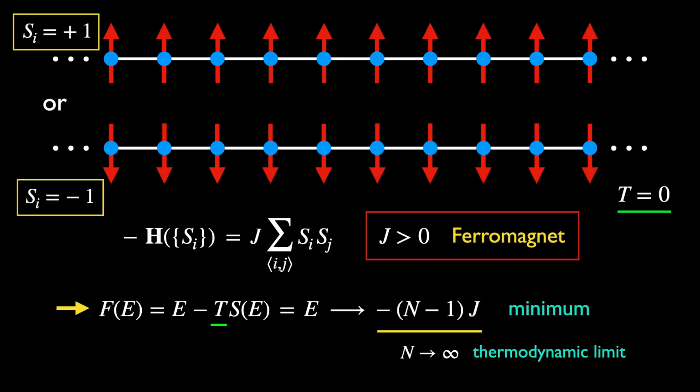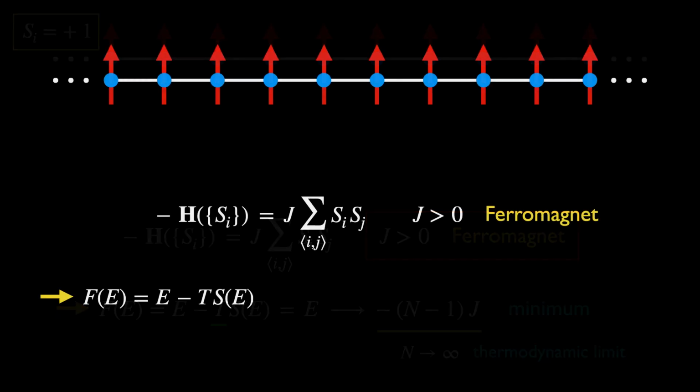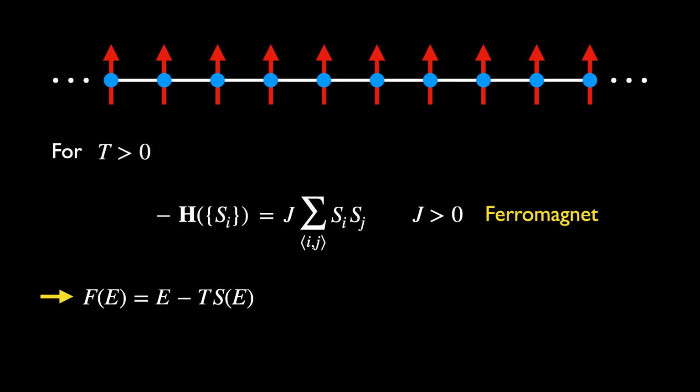What happens if the temperature is greater than 0? Would such ordered phases still be favored by the free energy? Let's just focus on one of these configurations. Is this configuration stable against thermal fluctuations? That is, does it minimize the free energy? And what do these words mean?